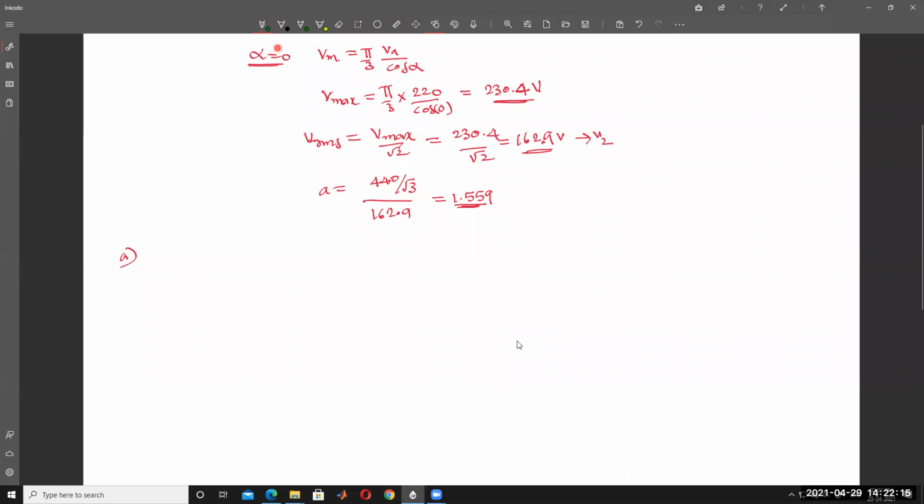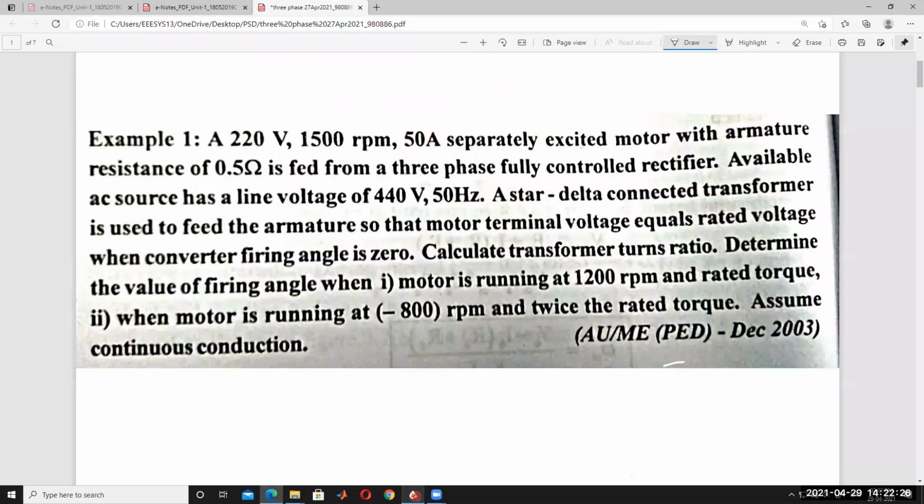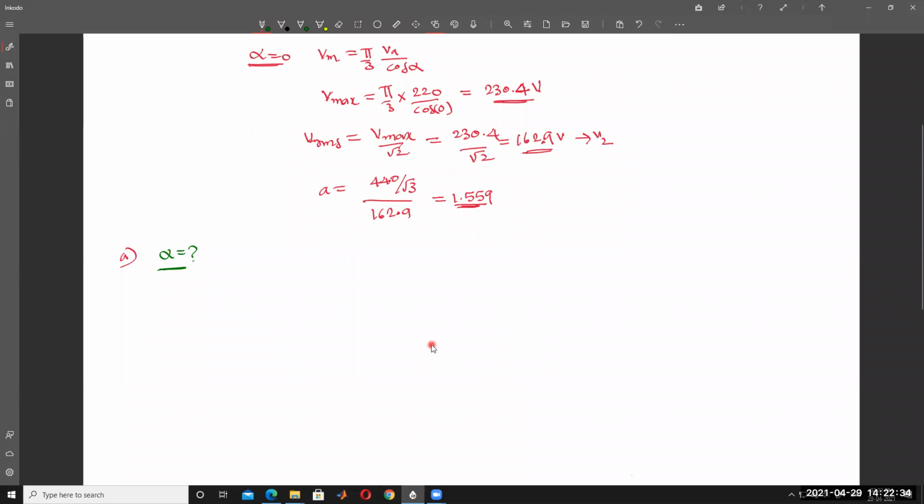Determine firing angle. So we are asked for the firing angle with the speed. What is the speed here? Speed is 1200 rpm and rated torque.